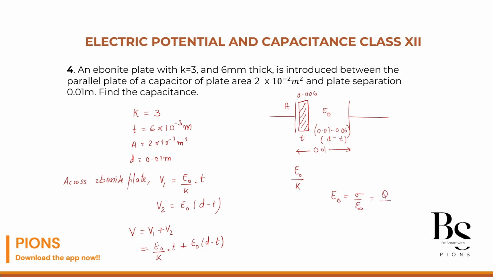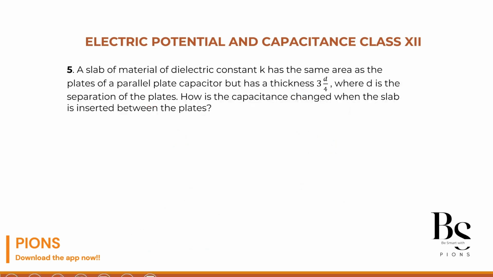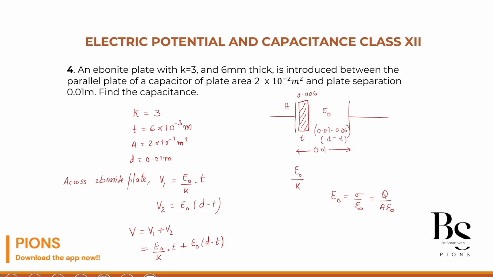Surface charge density, which is charge per unit area. We will substitute that now. So V will be equal to sigma upon epsilon naught K into T, plus sigma upon epsilon naught into D minus T.